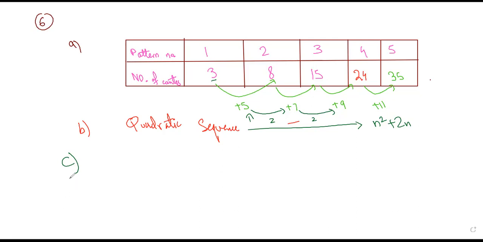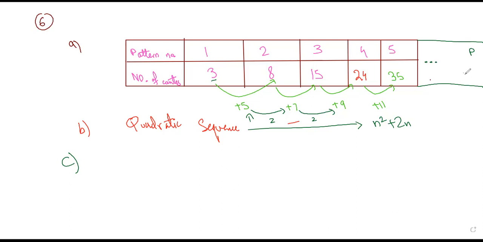Now, the thing is that there would be a time when we will continue this table such that for pattern P, the number of counters are going to be not 1358 exactly. Like we do have 1358, but we need to see how big a pattern will we make.